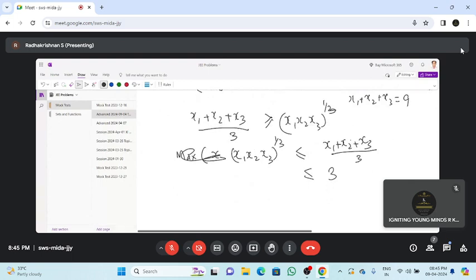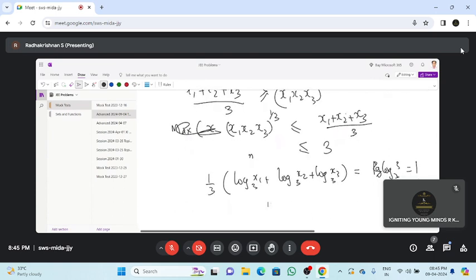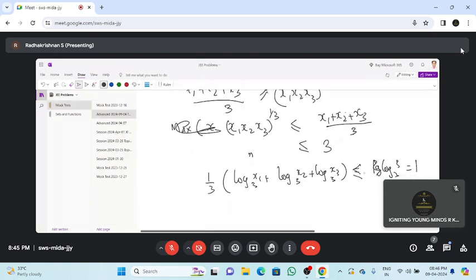Now let us take log of this. 1 by 3 log of x1 x2 x3, which is the same as log x1 plus log x2 plus log x3, is less than or equal to log of 3 to the base 3, which is 1.